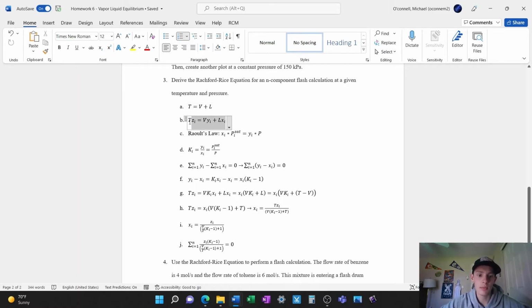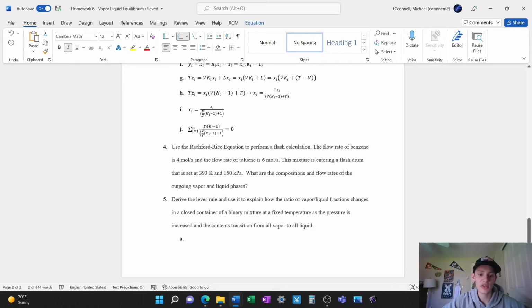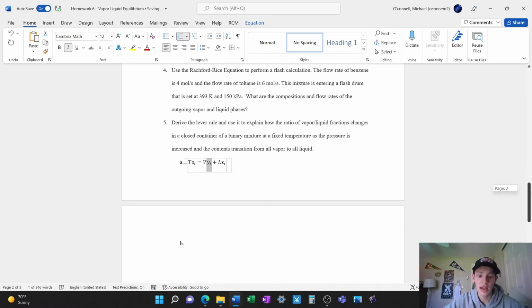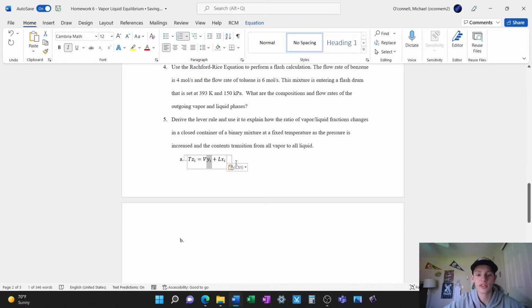But we can do the mole balance by multiplying each of those terms by the mole fraction, where Z is the mole fraction of that component in the feed, Y is the mole fraction in the vapor phase, and X is the mole fraction in the liquid phase, of course.